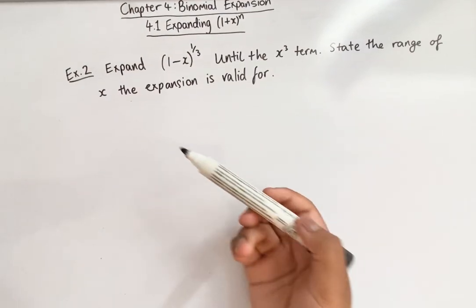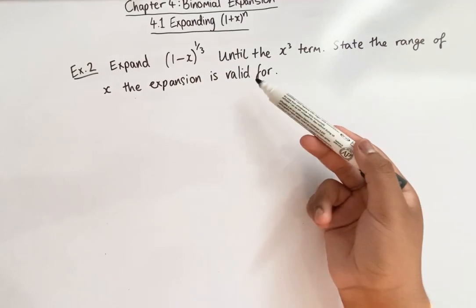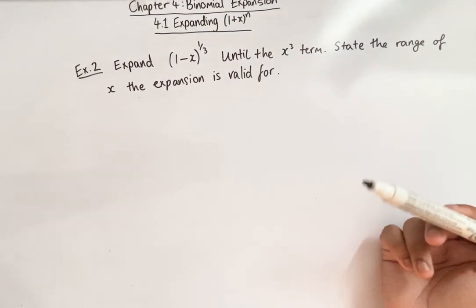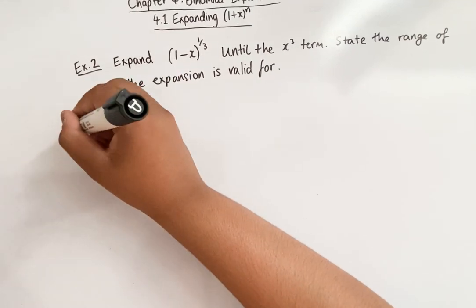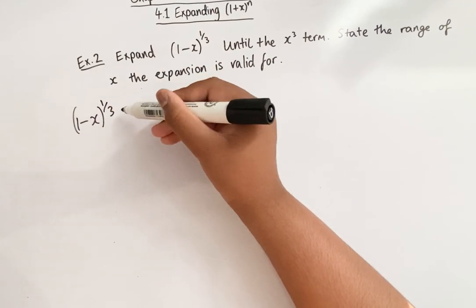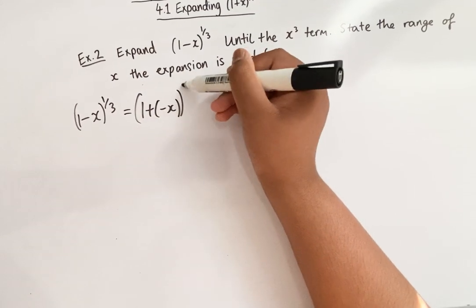Let's do another example. Let's this time expand 1 minus x to the power of a third until the x cubed term, and state the range of x that the expansion is valid for. So 1 minus x to the third is the same as 1 plus minus x to the third.